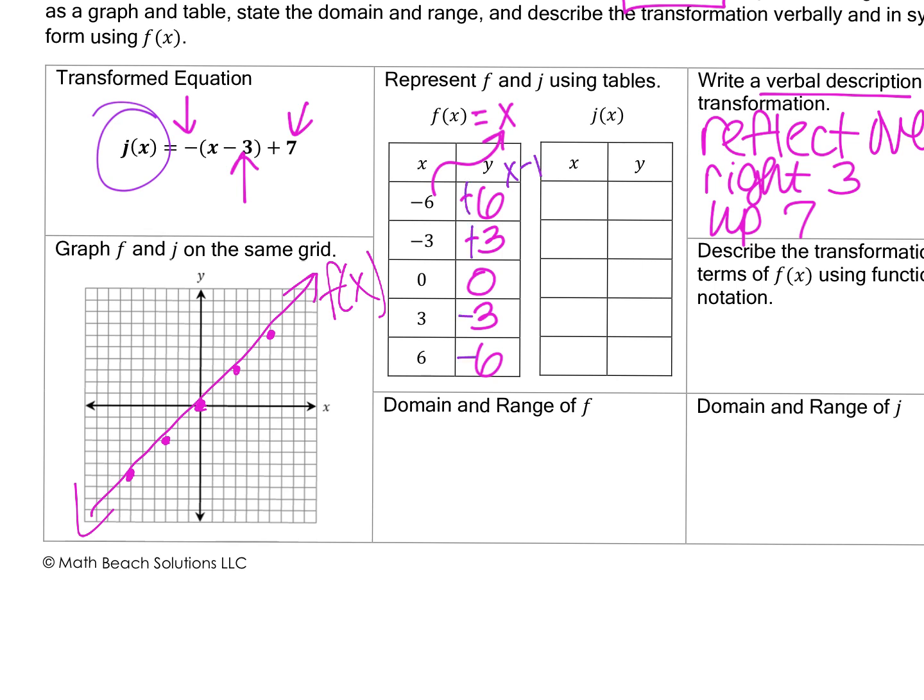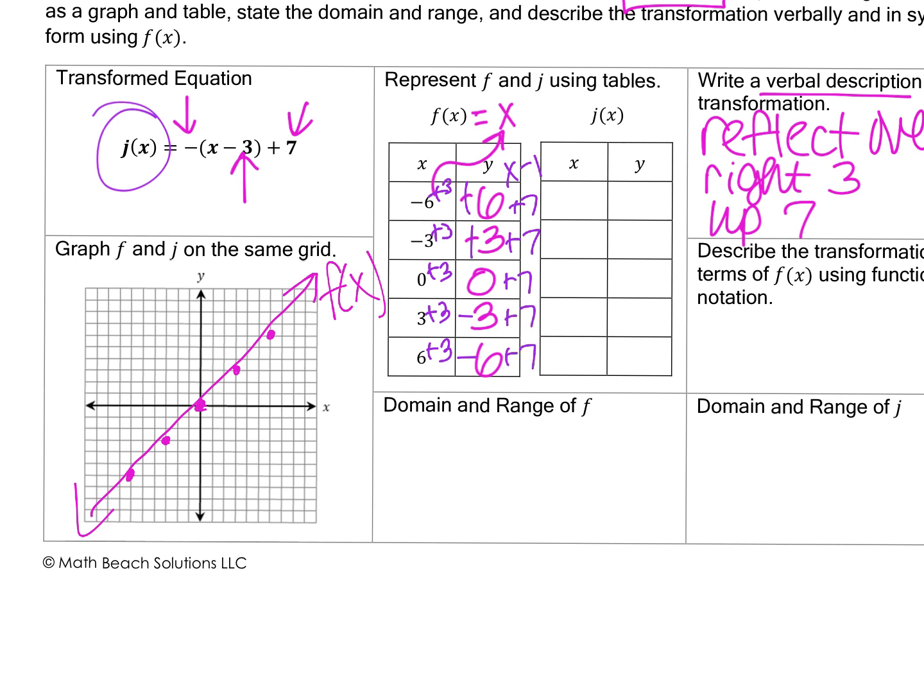So I'm going to go ahead and do that. And then the inside, we're going to be going right 3, which is adding 3 to our x's. And then the plus 7, we're adding 7 to our y's. So add 7 to the number that you changed after you multiplied it by negative 1.